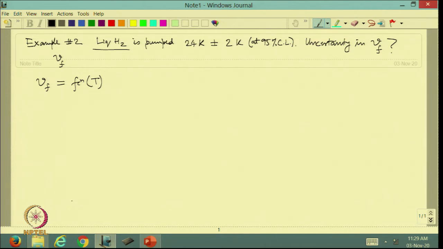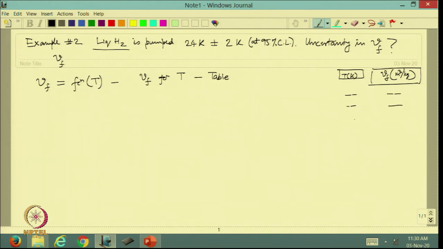So, we do have the data V f as a function of temperature at discrete values of temperature in a tabular form. So, the table goes like this. This side is temperature in Kelvin and this side is V f in meter cube per kg. And for this temperature there is something, next temperature there is something, next like that. And these are discrete values.